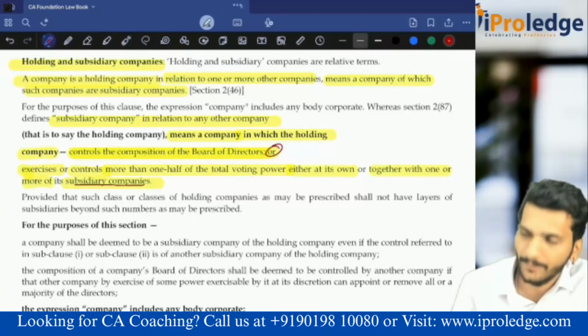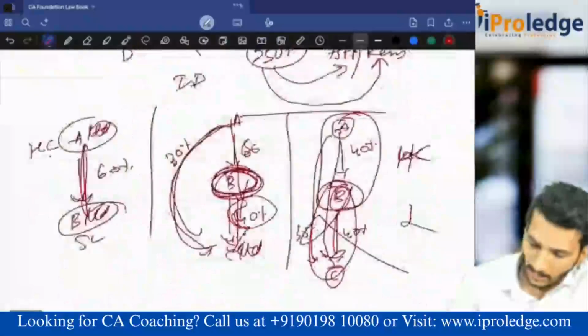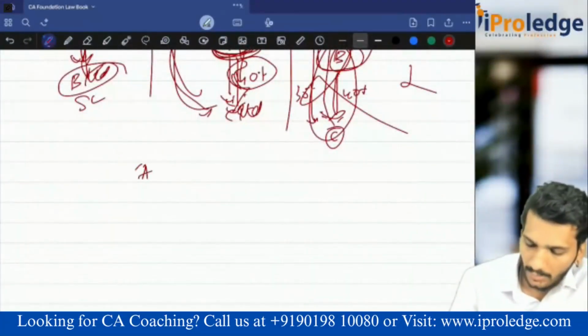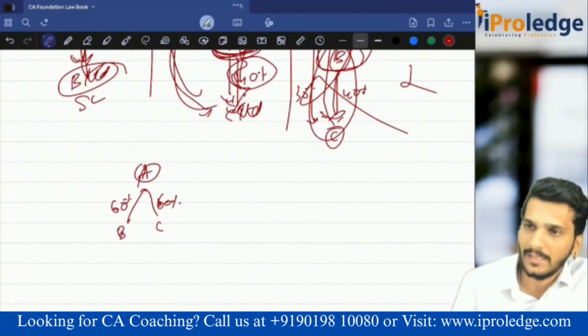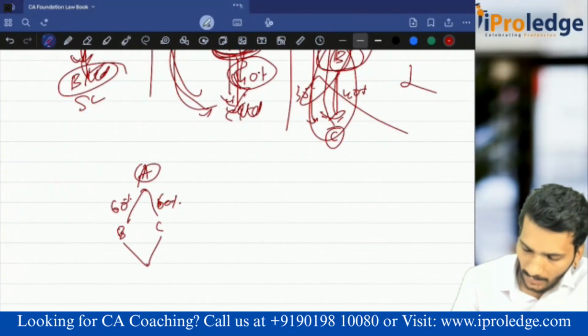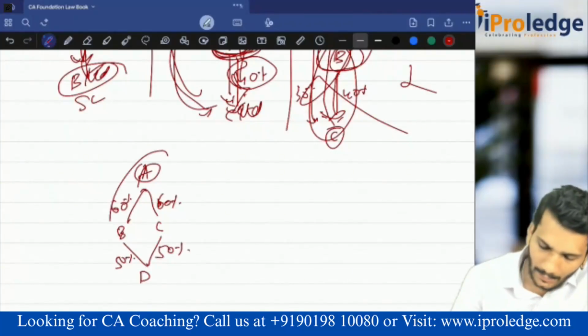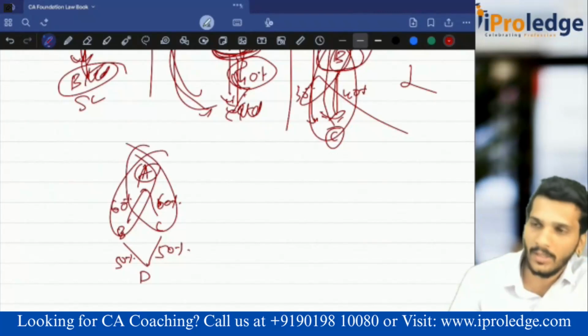Very important. You can have it this way also. A is holding 60% in B and 60% in C. Now both the companies are holding 50% in D. Now A and B is a holding and subsidiary. A and C is also holding and subsidiary.